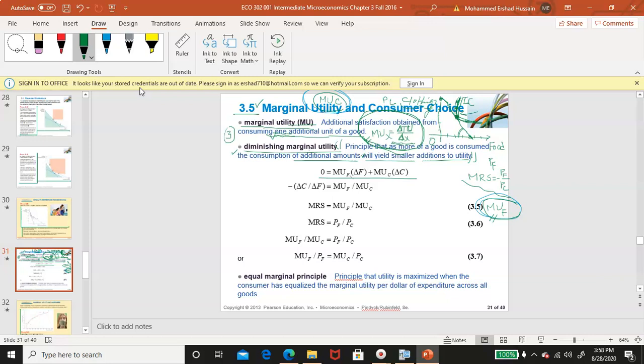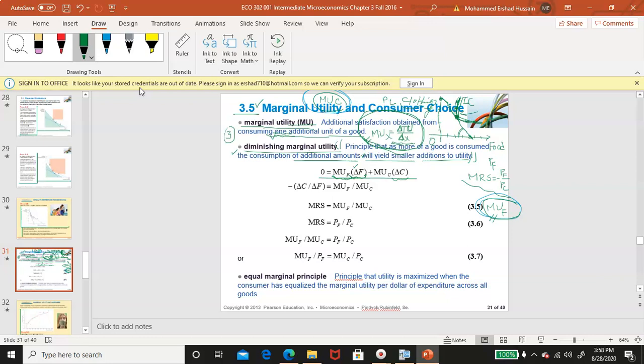this is the change in food, this is the change in consumption of clothing, and this shows how much utility will change when consumption of food changes by delta F. We multiply that delta F with marginal utility of F. Marginal utility of F tells us how much total utility will change when we consume one more unit of food. And delta F tells us the change in units of food.